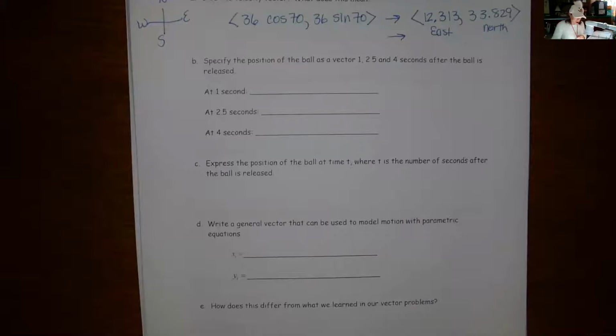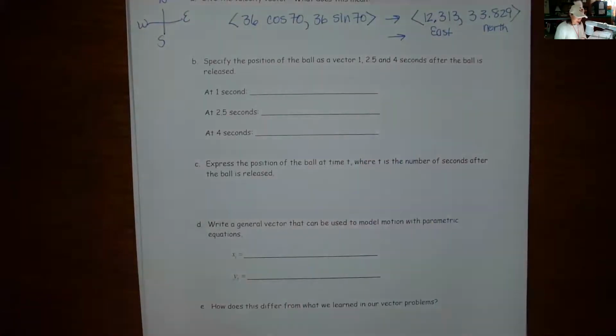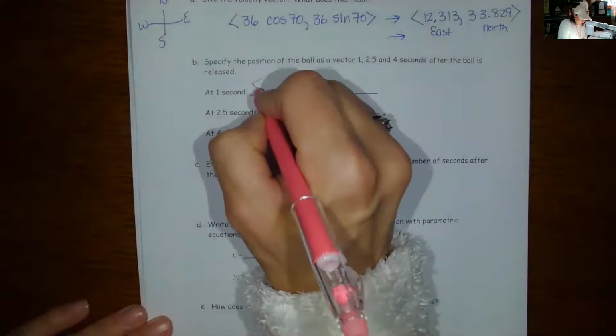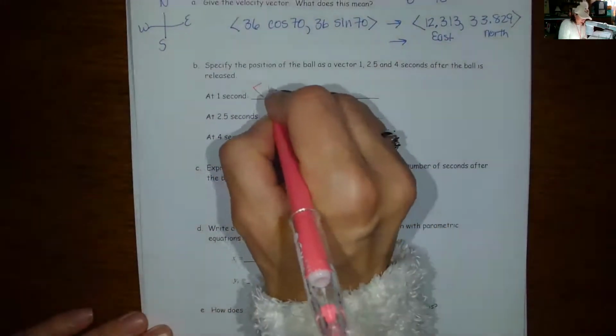Specify the position as a vector 1, 2.5, and 4 seconds after the ball is released. So at 1 second, this is at 1 second, right?